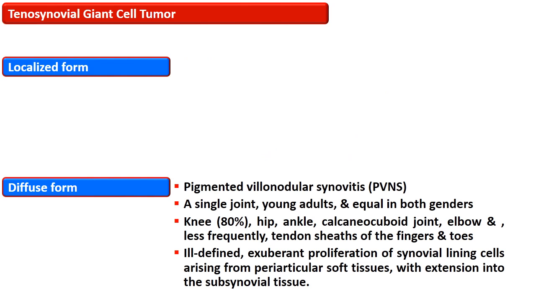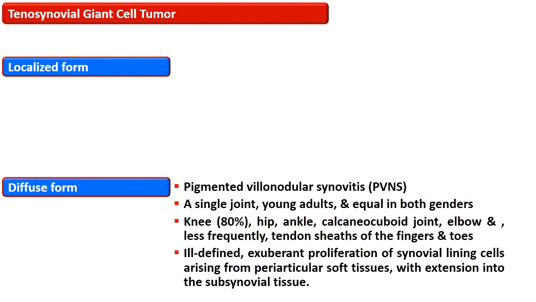While the diffuse form of the tenosynovial giant cell tumor was previously termed pigmented villonodular synovitis, it is monoarticular, affects young adults, and the frequency is equal in both genders. It affects the knee in about 80% of the cases.